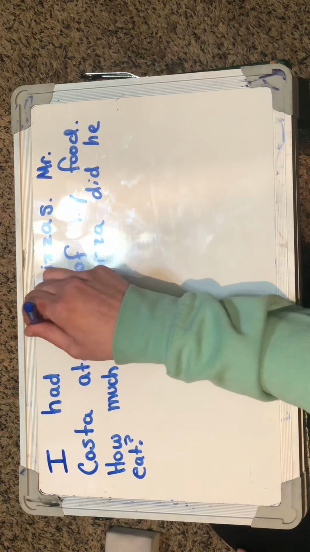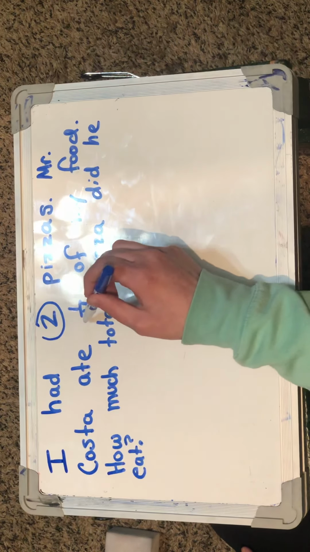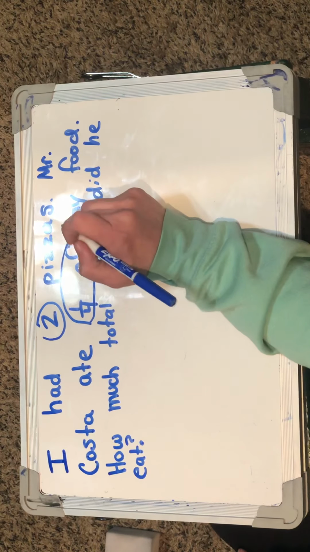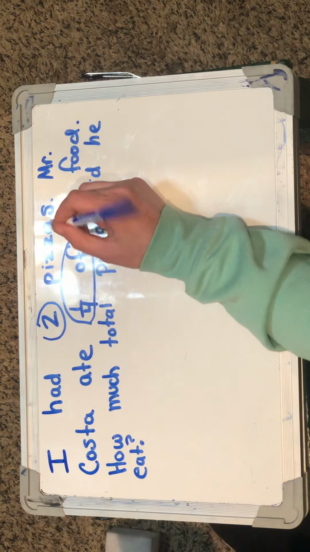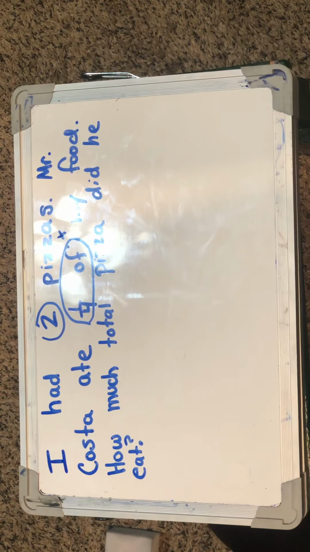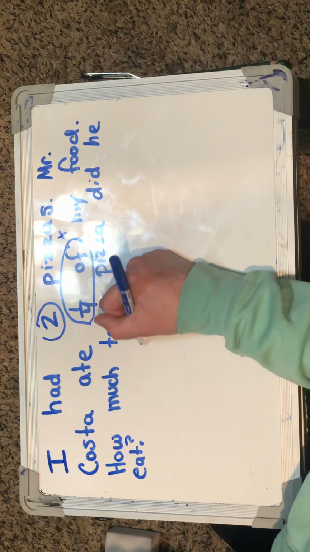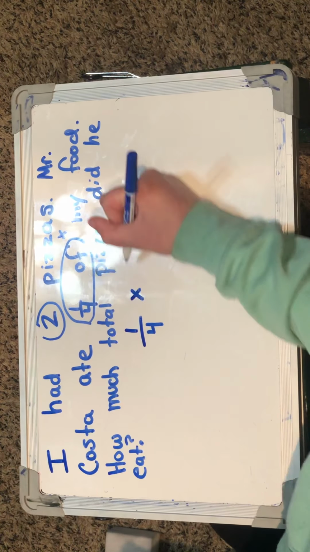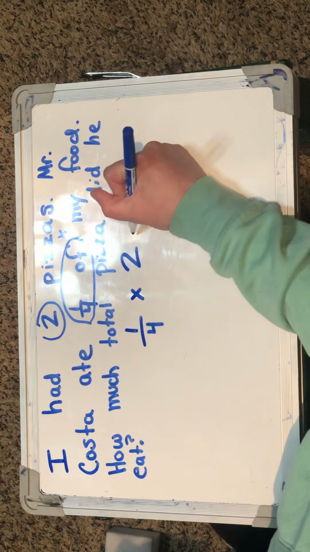Now it says I had 2 pizzas and he ate 1/4 of them. What does of mean? Of means multiply. He ate 1/4 of my 2 pizzas. So I know that I'm multiplying 1/4 of, or times, 2.